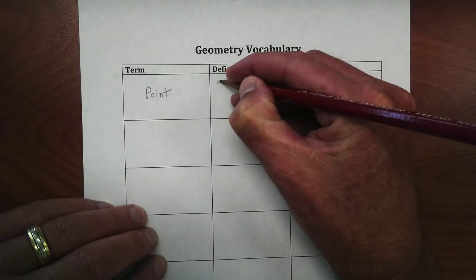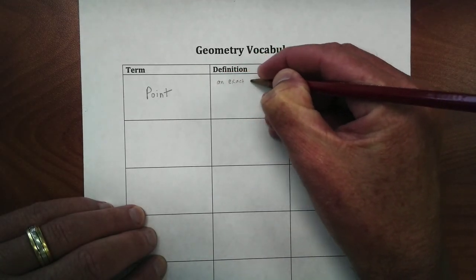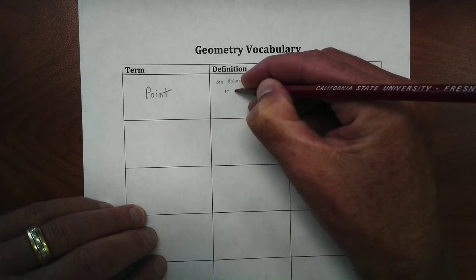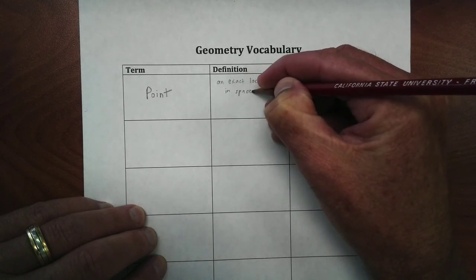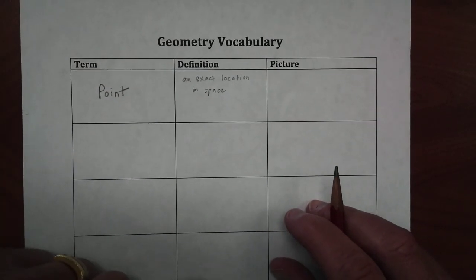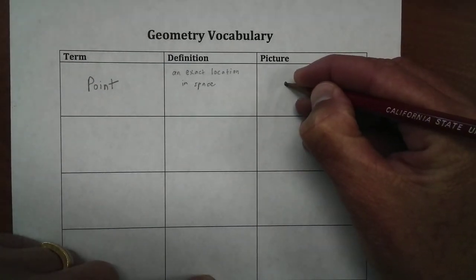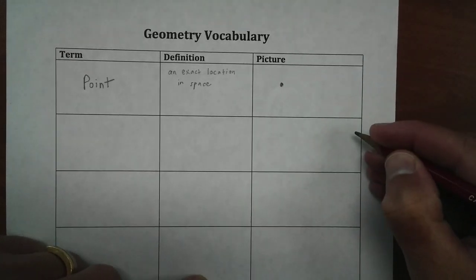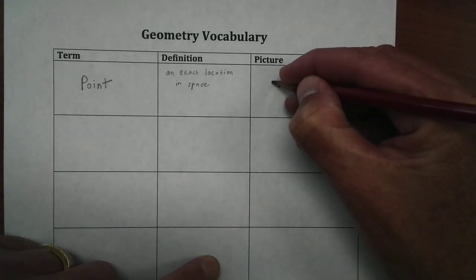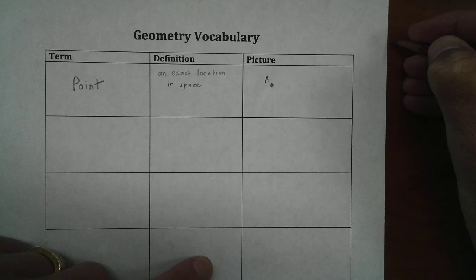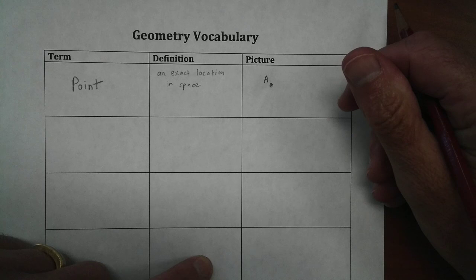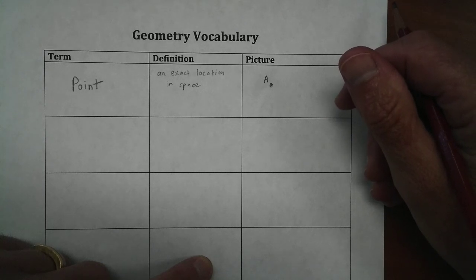A point is an exact location in space. And it looks just like a dot. So you draw a dot, and often in geometry, dots are named with capital letters. So it could be called point A. Okay, you can have a series of points. You can't draw anything unless you have at least a couple of points.